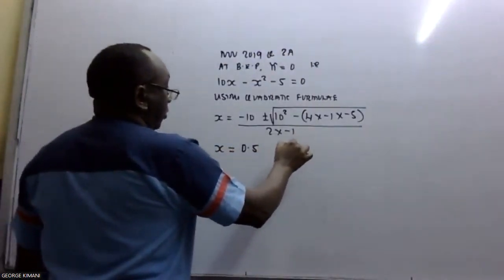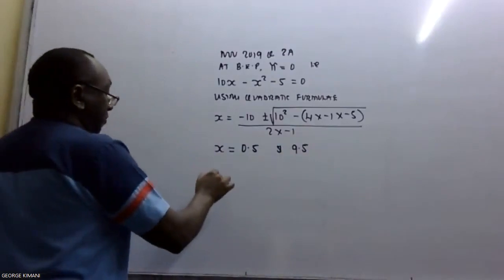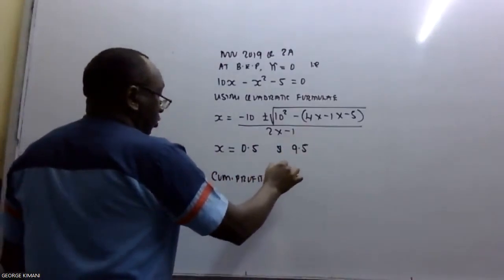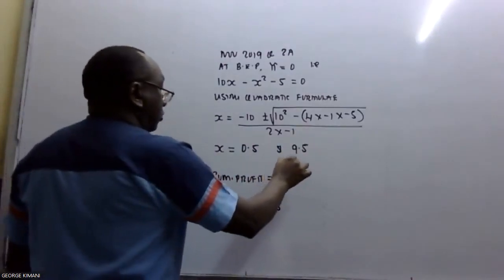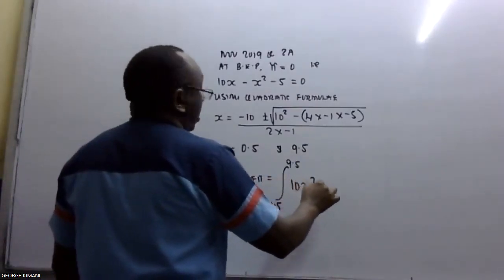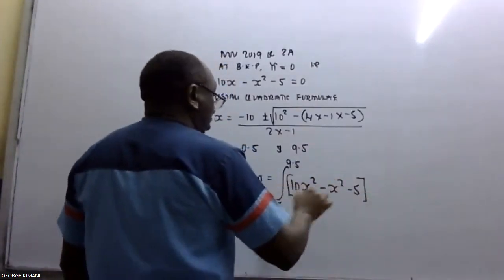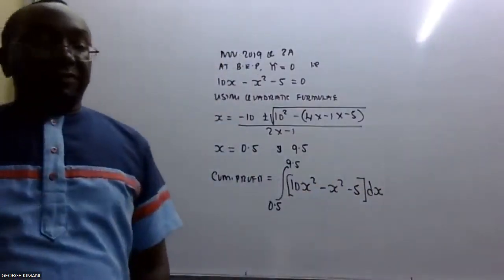0.5 and 9.5. So when they ask for the cumulative profit, you integrate now between 0.5 and 9.5. You integrate this 10x minus x squared minus 5 with respect to x. So this is a case of definite integration.